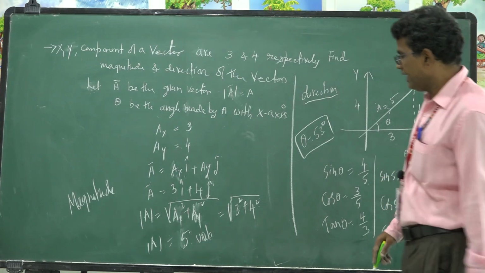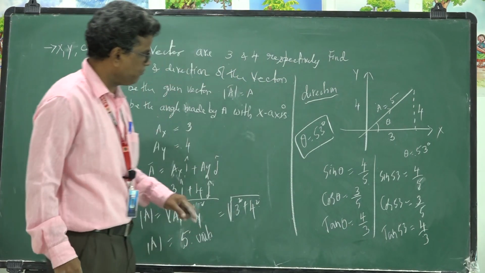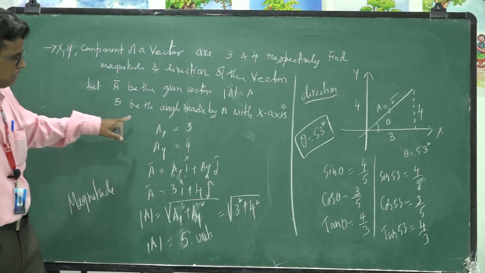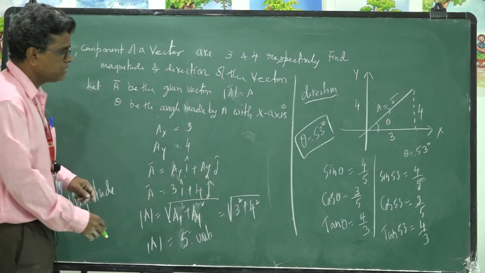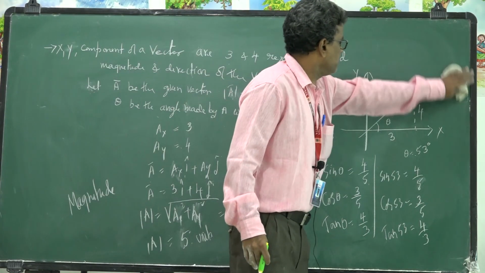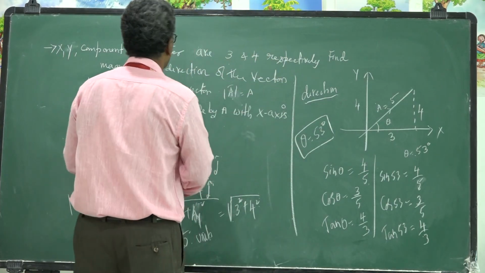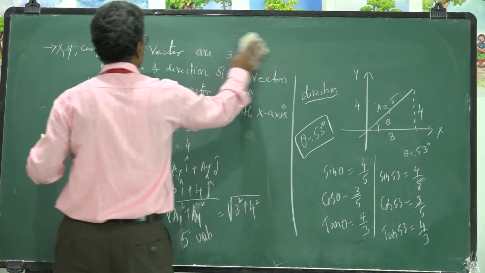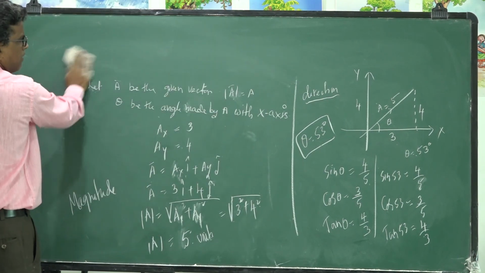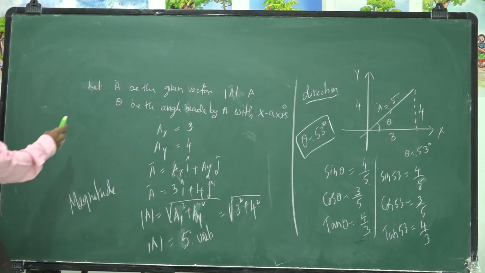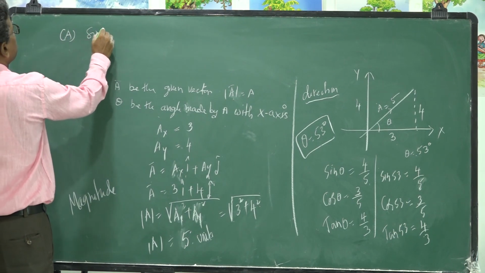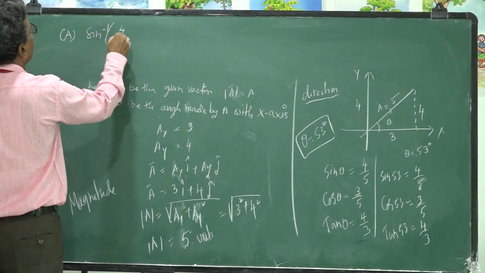Otherwise you will get options like this in an objective examination. We want the direction of the vector. How do we represent it? You find options like this. First option, sin inverse 4 by 5.